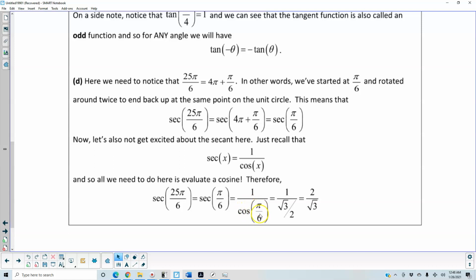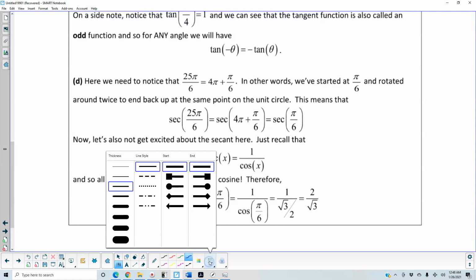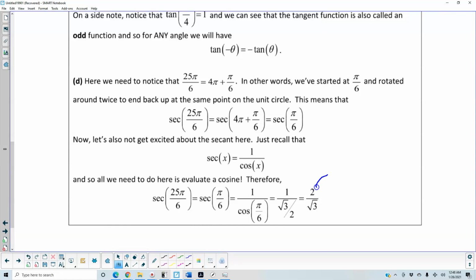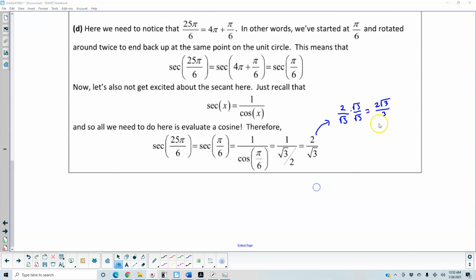We know that the cosine of pi over 6 is the square root of 3 over 2, and then therefore this is equal to 2 over the square root of 3. Now again, we may need to rationalize the denominator here to simplify this a little further. So if we did, we'd multiply both the numerator and denominator by the square root of 3 to get 2 times the square root of 3 over 3.